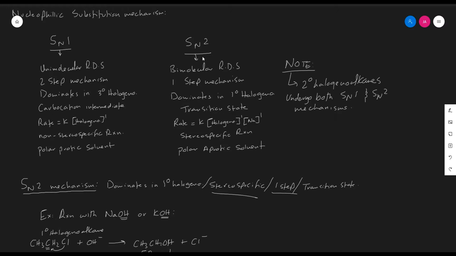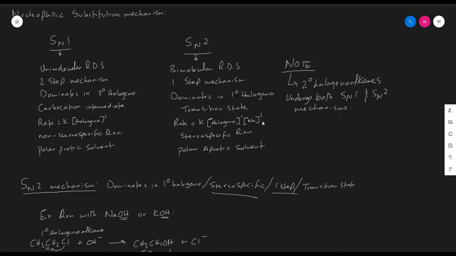On the other hand, in an SN2 reaction, the rate equation is as follows, and the halogenoalkane and the nucleophile both appear in the rate determining step once, and thus the order of the halogenoalkane with respect to the reaction is 1, and the order of the nucleophile with respect to the reaction is 1, producing an overall order of reaction which is 2.